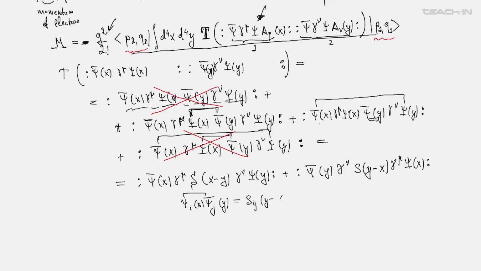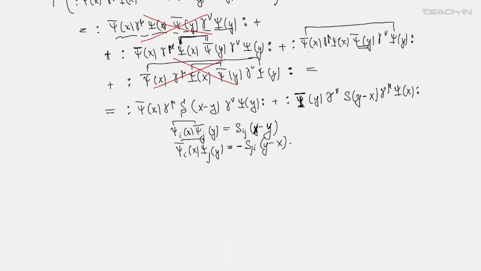And if you pair psi bar with psi_j on y, then this is minus S_ji of y minus x. So you should be careful with indices and with the fact that fermionic creation and annihilation operators anti-commute, and then, once you do this computation and suppress the indices, this is the expression which you will have.